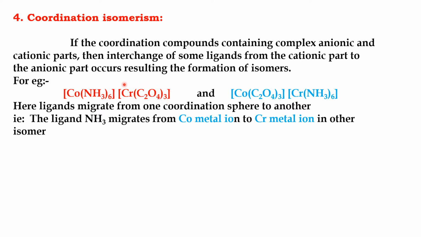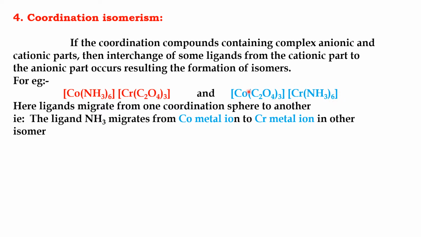That means this is a single compound having two coordination spheres. Here we have 1 cobalt, 1 chromium, 6 NH3 and 3 C2O4 ions. Similarly, I have another isomer, that is [Co(C2O4)3][Cr(NH3)6].